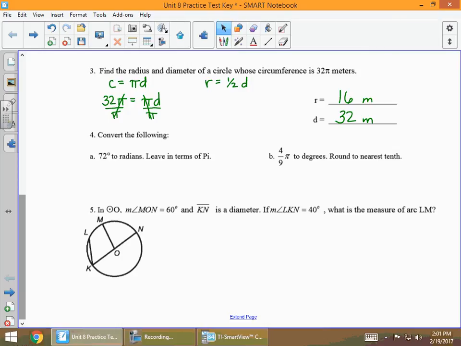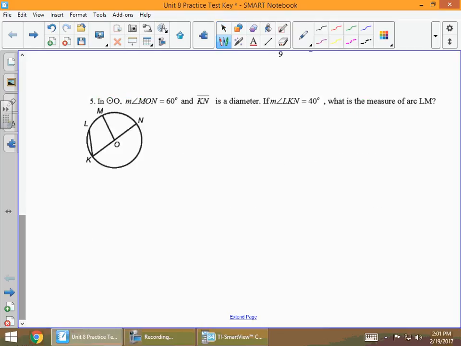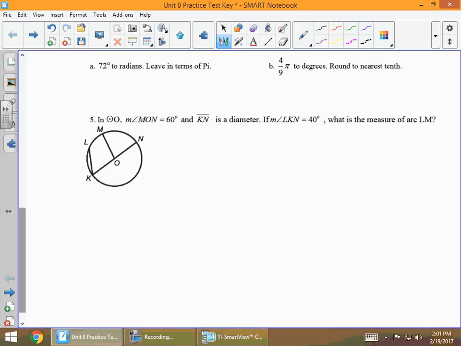Now, question number 4. Converting the following. Well, that is what we just finished up. Converting 72 degrees. I'm going to multiply this by a fraction that is equal to 1. And since I have degrees on top, I'll put my degrees on the bottom. 180 degrees is equal to pi radians.